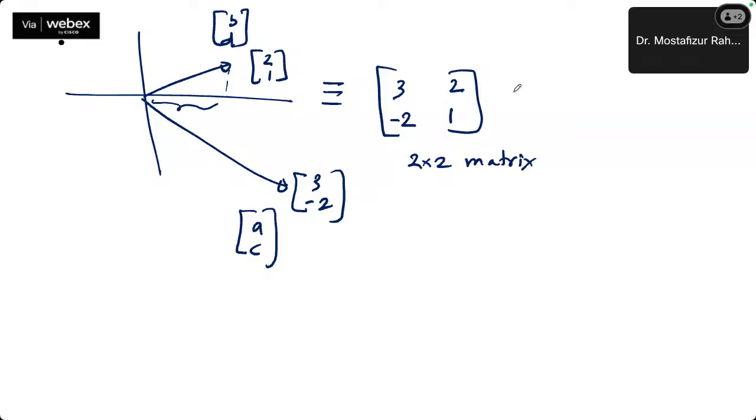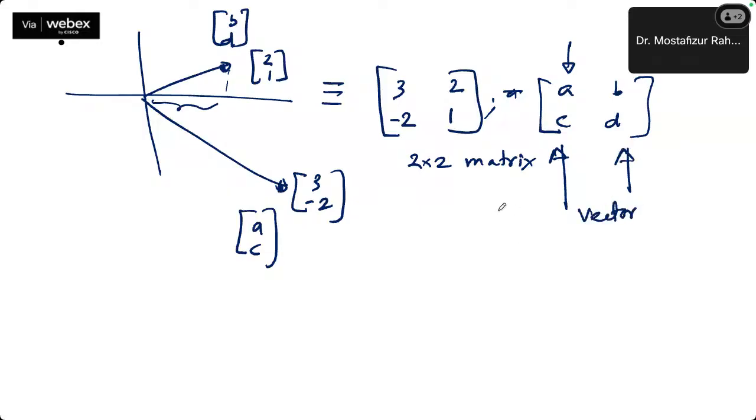Or equivalently, you can write it as another matrix a, b, c, d, where your first column is this vector (a, c), right? And (b, d) is this particular vector. So each column of the matrix denotes a vector. Often we use the term column vector. So these are the columns of a matrix.